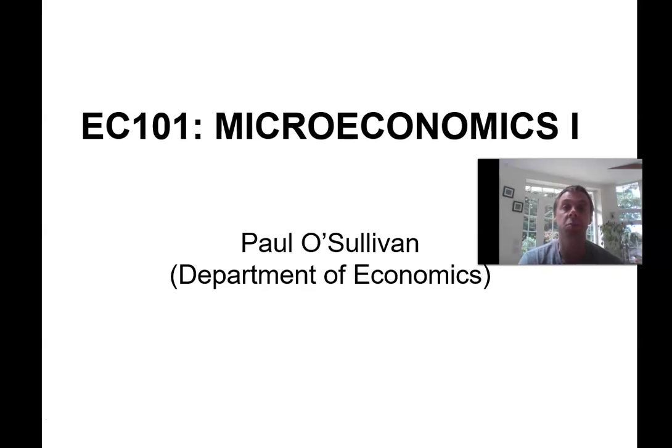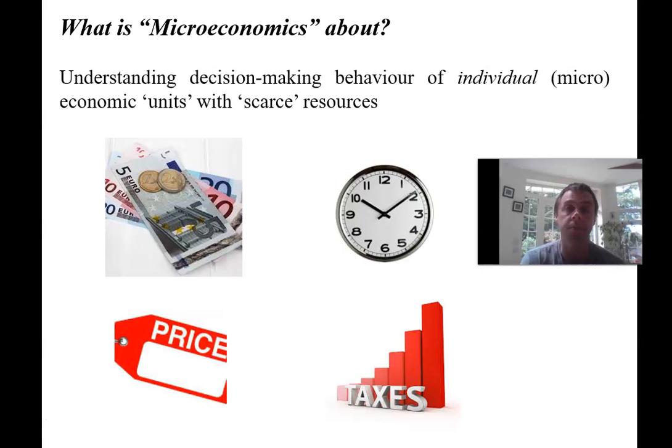So, this presentation is just a brief overview of what microeconomics is about and what issues we'll be discussing in the module. While economics as a whole is a study of decision making and its effects on society, one of the major branches of economics is microeconomics, and this looks at decision making behavior at an individual, or what we call micro level.